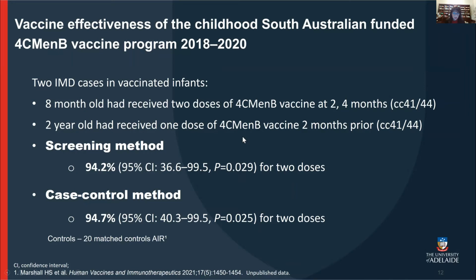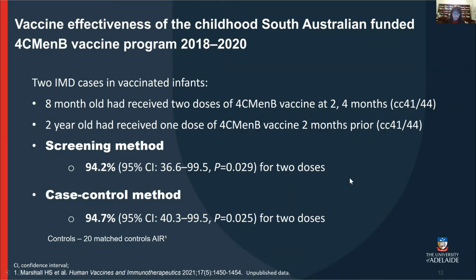We had two young children who had been vaccinated and developed meningococcal disease. The first one here had received 2 doses, but they had a risk factor for higher risk of meningococcal disease, and the second one had only had 1 dose. They both had isolates that would have been covered by the vaccine though.